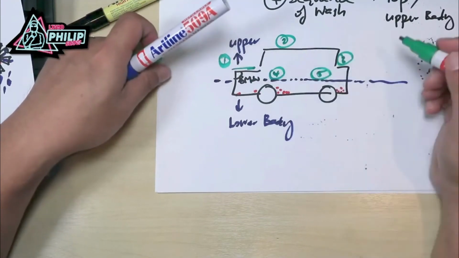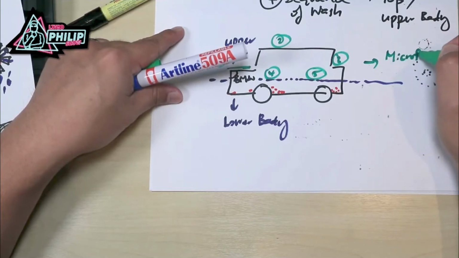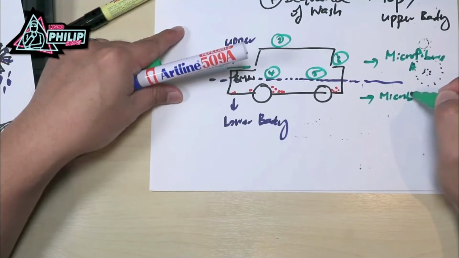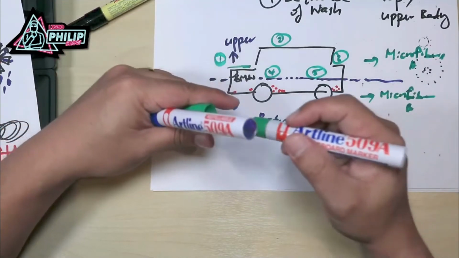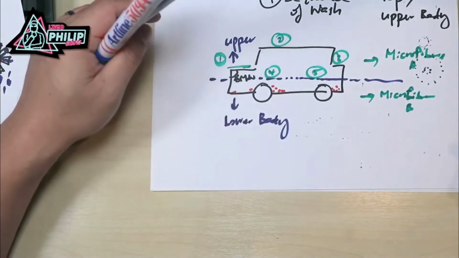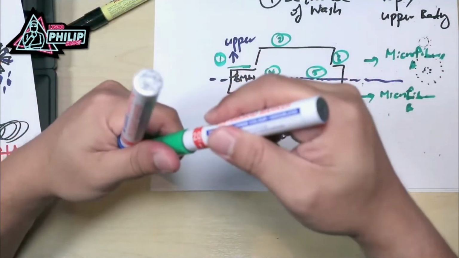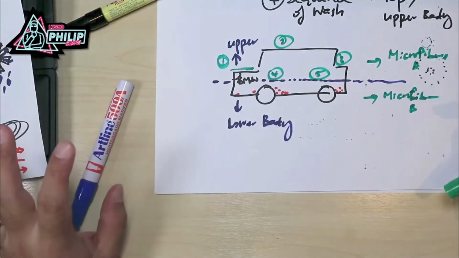Baru lepas ni kan, this one microfiber A, this one microfiber B. Means that selalu guna kain yang different. Don't use the same one. So that's why after washing the top part, only then do you start to wash the bottom part. So that's why the sequence is very important.